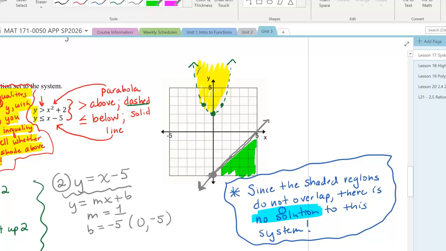In Alex, or for me, you would just say no solution. So what we have graphed here is not the solution because there is no solution.